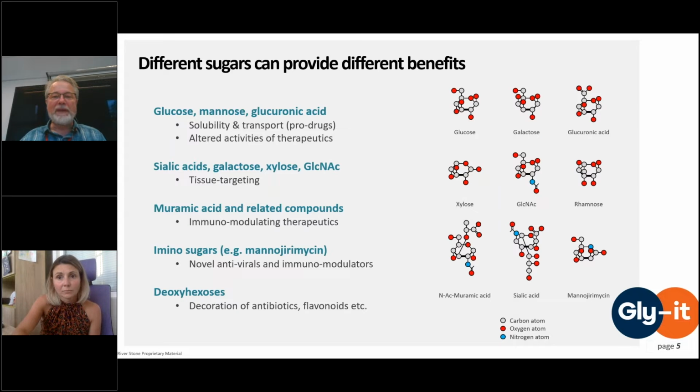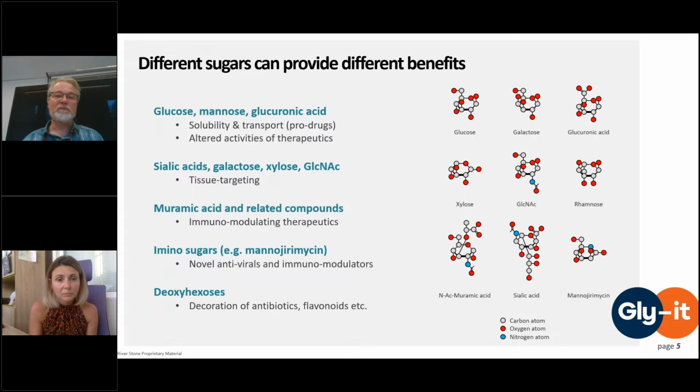Then there are many different sugars, of course, in this world, and I put a few of them out to the right: glucose, galactose, glucuronic acid, xylose, N-acetylglucosamine, rhamnose, and several others. They each can confer different things to small molecules.